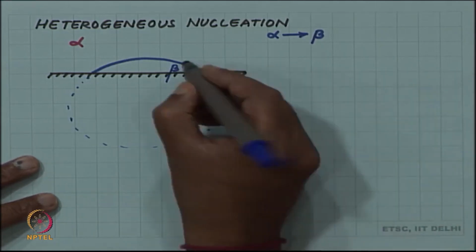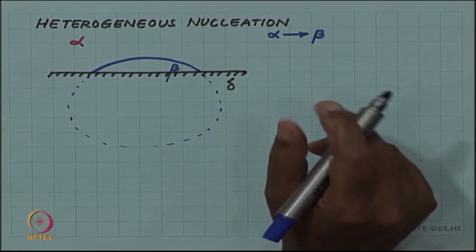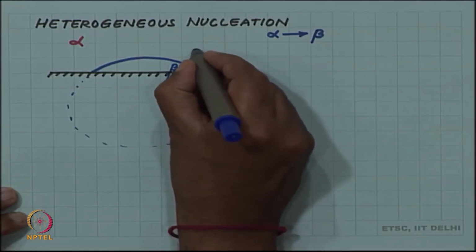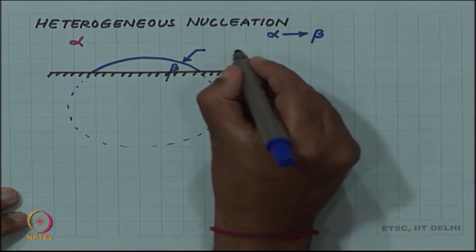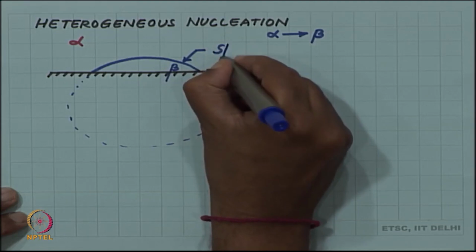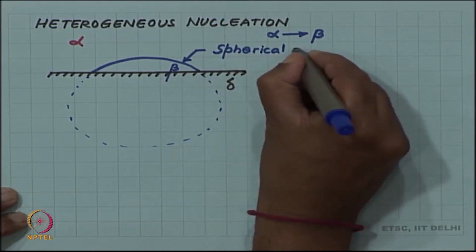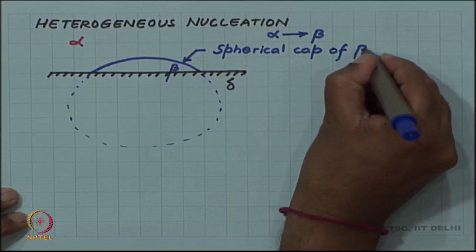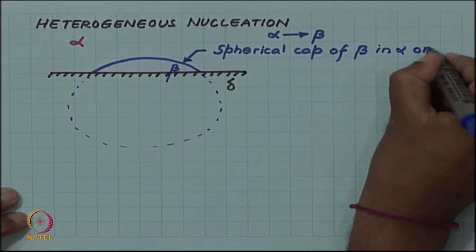And in particular, again just like we simplified the geometry of the problem in homogeneous nucleation by considering a spherical nucleus, here again we are simplifying the geometry by considering a spherical cap nucleus. So, essentially we are saying that beta is forming as a spherical cap of beta in alpha on delta.